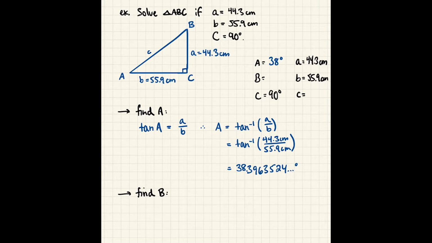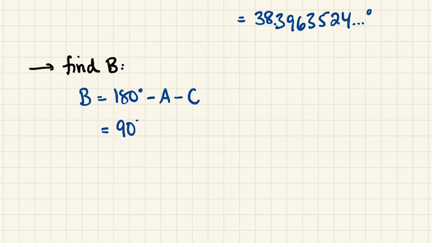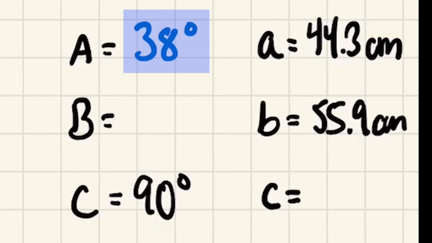And now we're going to find capital B. But now we do have 2 out of the 3 angles, so we can use the 180 degrees trick. We know that capital B is 180 degrees minus capital A minus capital C, which is 90. So 180 degrees minus 90 degrees is 90. So capital B is 90 degrees minus A. Now on our calculator, we do not want to use the rounded figure 38 degrees.